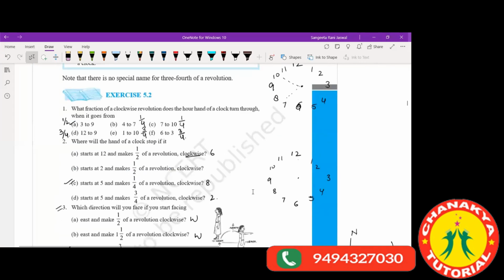Okay, and we saw some questions like this. What fraction of a clockwise revolution does the hand of a clock turn through when it goes from, let's say, 4 to 7? If the clock needle is at 4, from 4 to 7, if it has to move in the clockwise direction, how much of a clockwise revolution will it take?